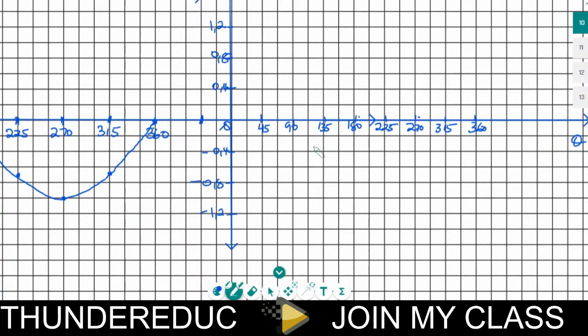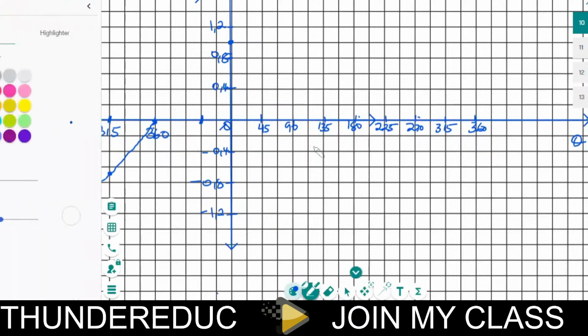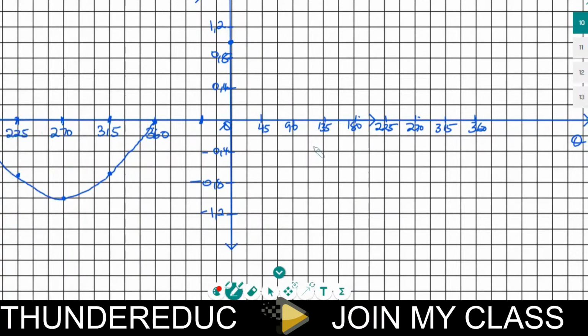So 0 is giving me a positive 1, which is that point there. Use a different color. And then 45 is giving me 0.7, which is somewhere there. And then 90 is giving me a 0. 135 is giving me negative 0.7, which is somewhere there. 180 is giving me negative 1.